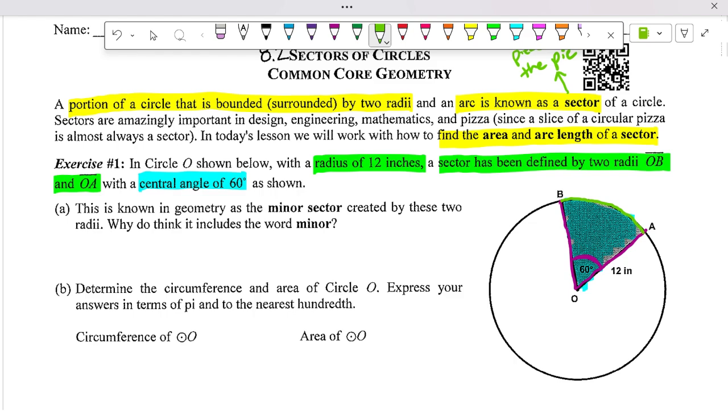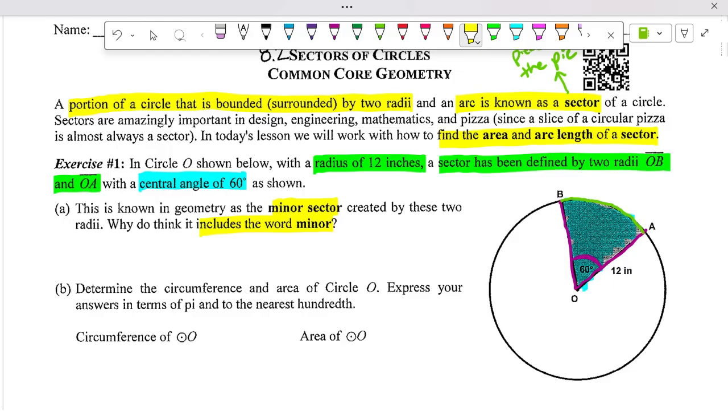Now, think way back to Unit 6 when we talked about circles. This in geometry is known as a minor sector, created by these 2 radii. Why do you think it includes the word minor? It's less than 180 degrees. So this is kind of the same thing as a minor arc.